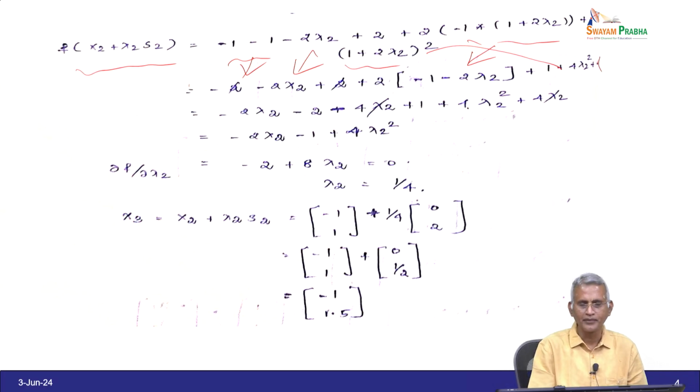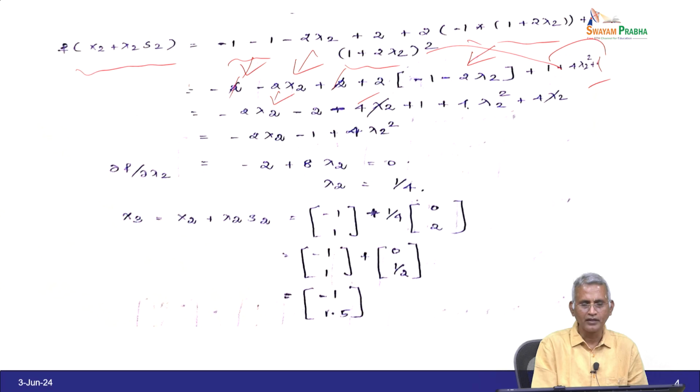So, what happened? Minus 2 and plus 2 get cancelled, these two get cancelled, and then minus 2 lambda 2 and 1 plus 1 is 2 here. So this minus 2 here, and then multiply with 2. So it becomes minus 2 plus minus 4 lambda 2, and the last one is 1 plus 4 lambda 2 into plus 4 lambda 2.